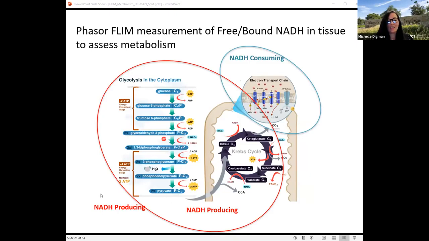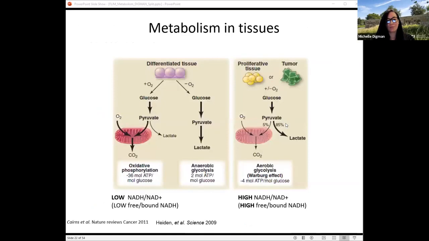This is an NADH producing pathway. In the oxidative phosphorylation pathway, we also have NADH producing, but it also gets very much bound to specific enzymes during the Krebs cycle and electron transport chain, specifically here in the electron transport chain. So this is called the NADH consuming mechanism for cellular respiration.